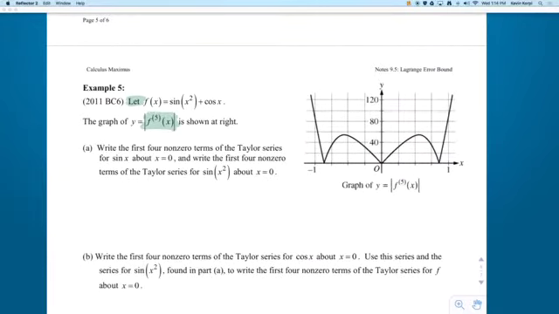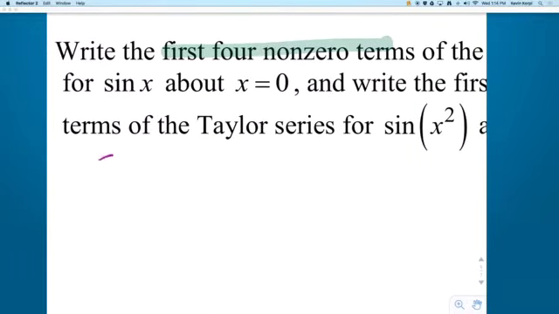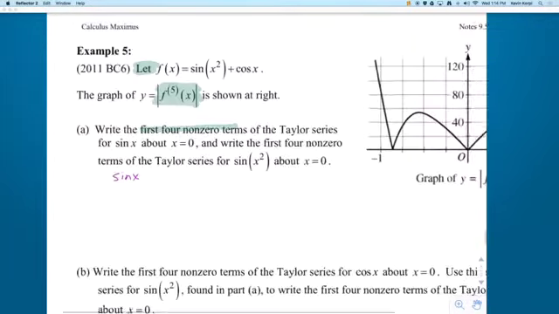Write the first four non-zero terms of the Taylor series for sine of x centered at 0. And write the first four non-zero Taylor terms for sine of x squared about 0. Okay, so first things first, sine of x. Now, did it say polynomial or series?